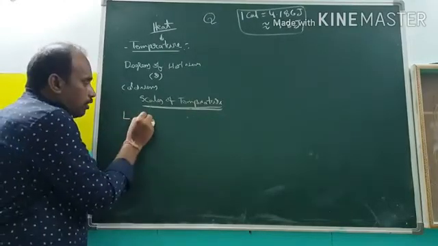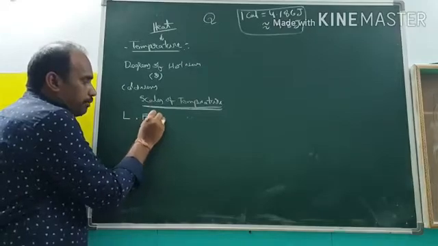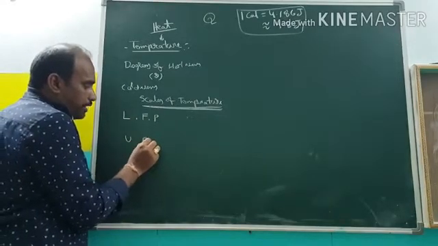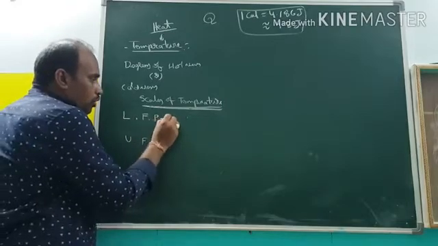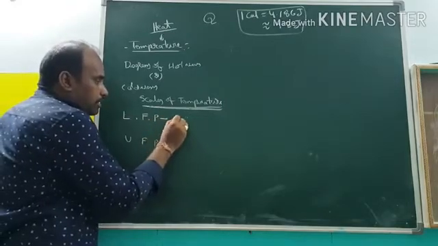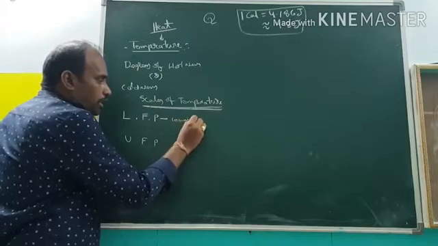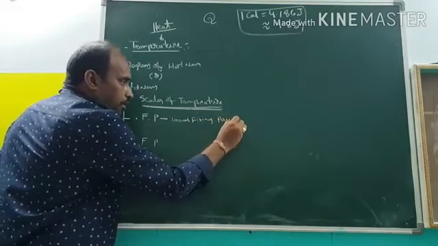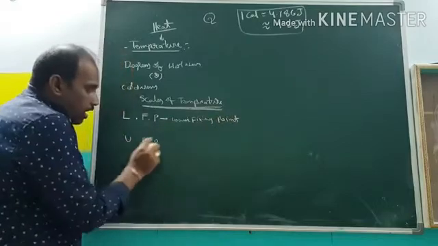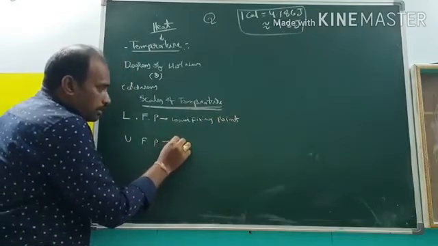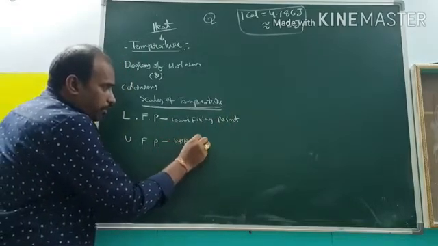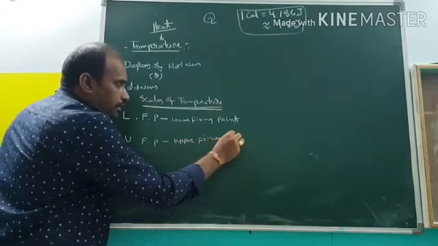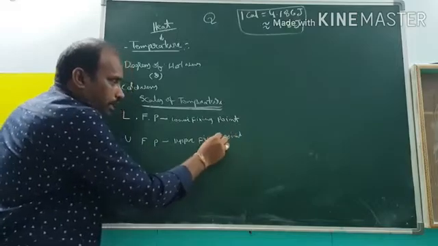For the construction of the scale of temperature, we are using 2 points. One is a lower fixing point. Next one is an upper fixing point. So LFP means lower fixing point, and UFP means upper fixing point. Are you clear?